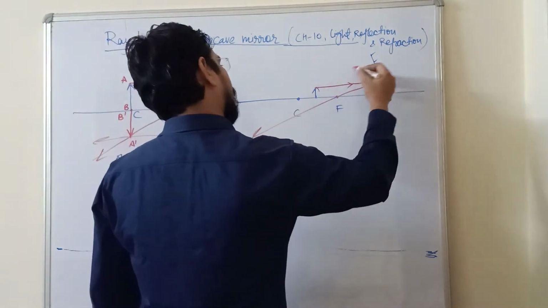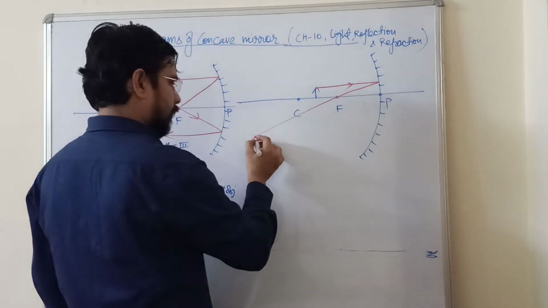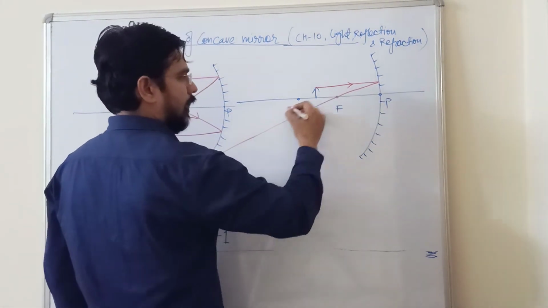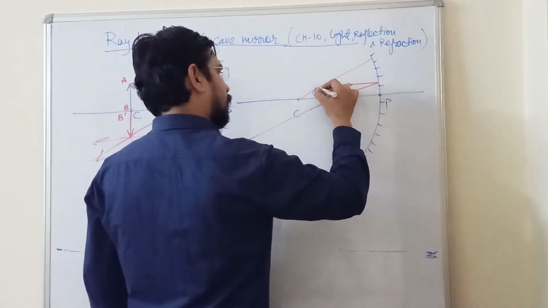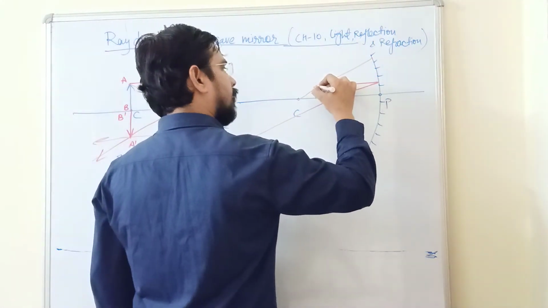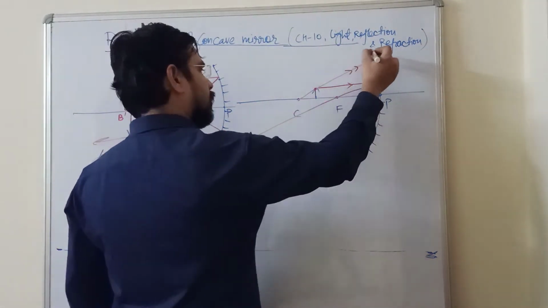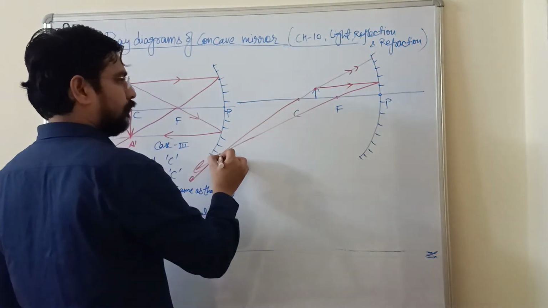I will extend this ray of light, which is passing through the center of curvature. In actual, this light will start from this point and go in this direction, because it is coming from the direction of the center of curvature. It will retrace back and meet here.